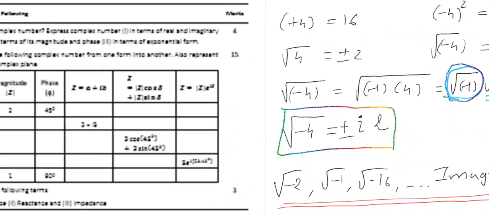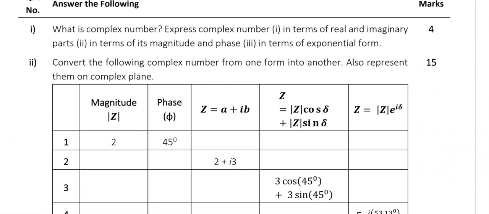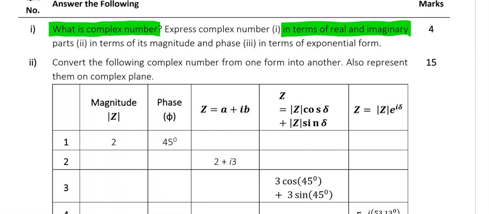Prepare answers to these questions. What is a complex number? A complex number is a number in which you have both a real part and an imaginary part. In terms of real and imaginary parts, this is how you can express it: a plus ib.